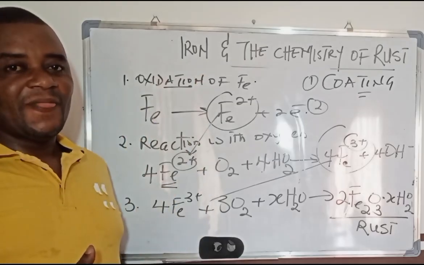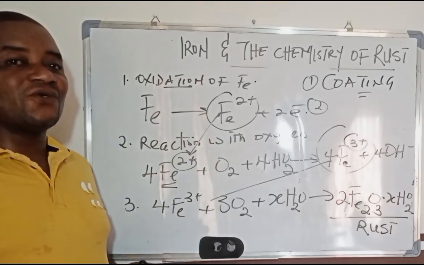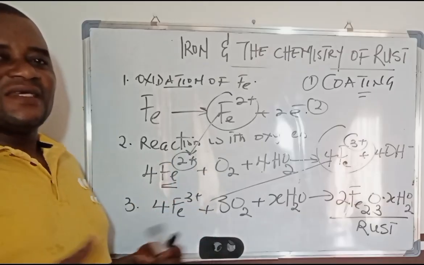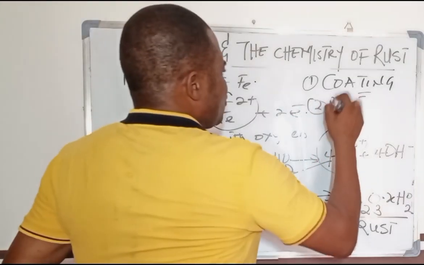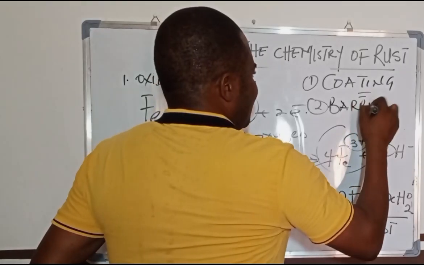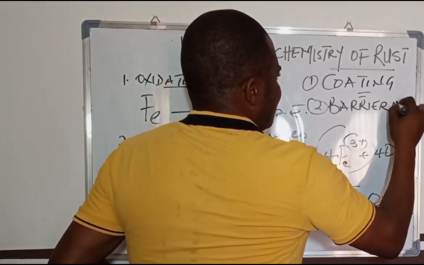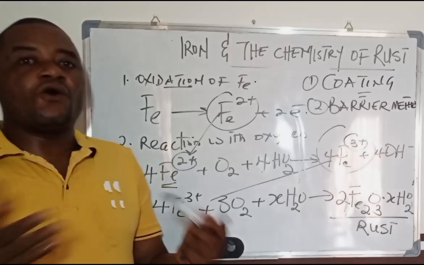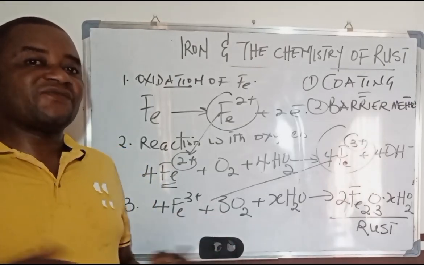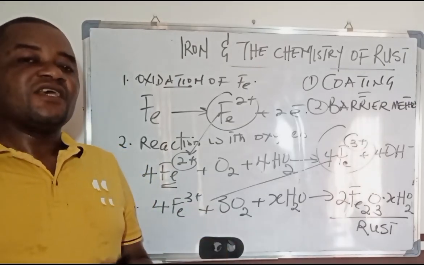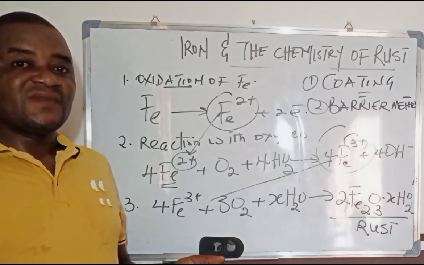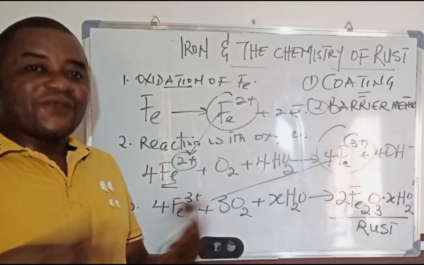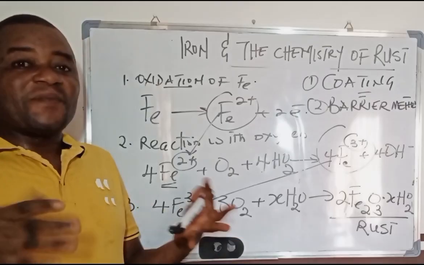Now, the second way you can also try to protect these metals is by barrier method. You can use barrier method in protecting your metal from rust. Barrier method means you can do oiling. So you can use oil to rub on your metals.